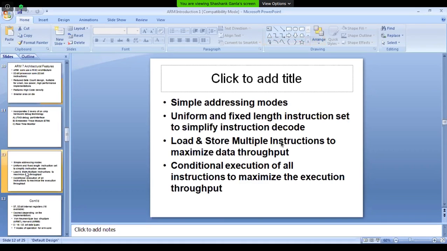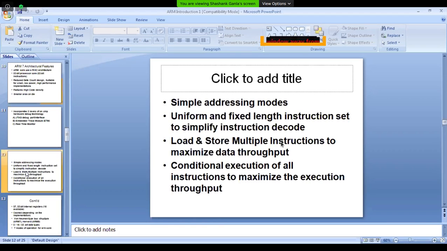The programmer writes a single instruction whereby he can bring in multiple data units from multiple memory locations into multiple registers. Each data unit is 32 bits, or 4 bytes, in size. That is called the load multiple instruction.